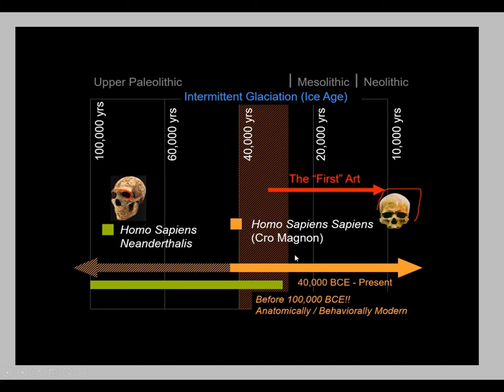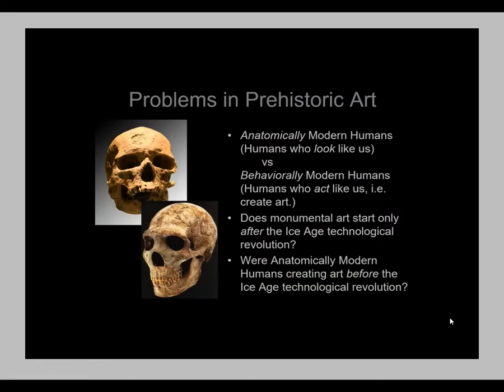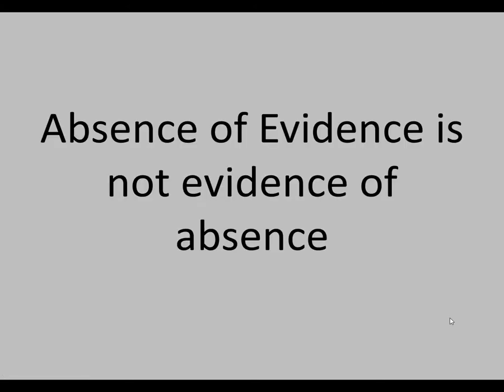Right? The real problem is we haven't found any, but that does not mean it does not exist. And so in art history, we often use this term: absence of evidence is not evidence of absence. And that just means just because it's not out there yet doesn't mean it's not out there. You can't prove something doesn't exist by it not being there.